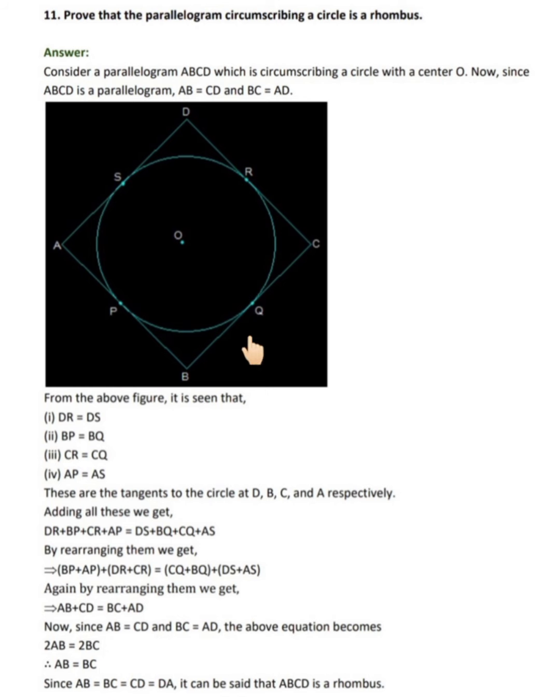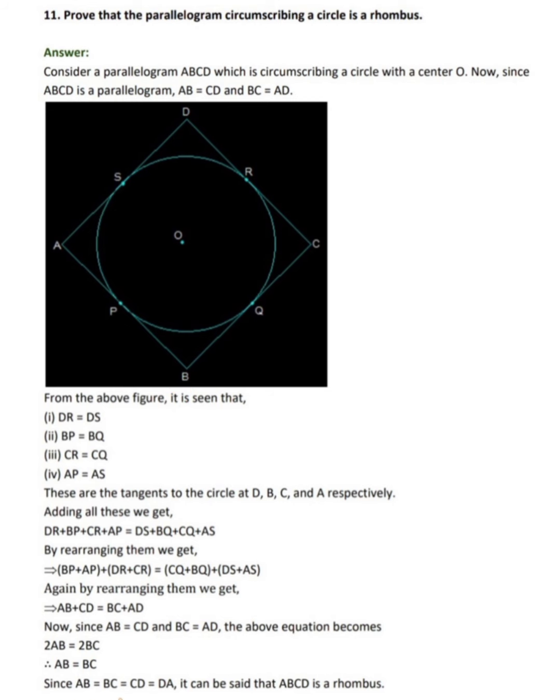AB is equal to BC. Okay, now AB is equal to BC and AB is equal to CD, means AB is equal to BC is equal to CD. Also BC is equal to AD, so DC is equal to AD.